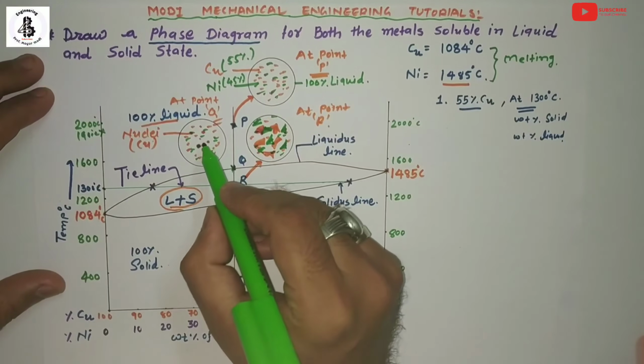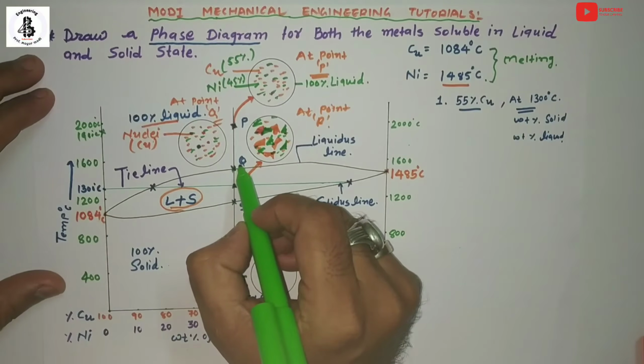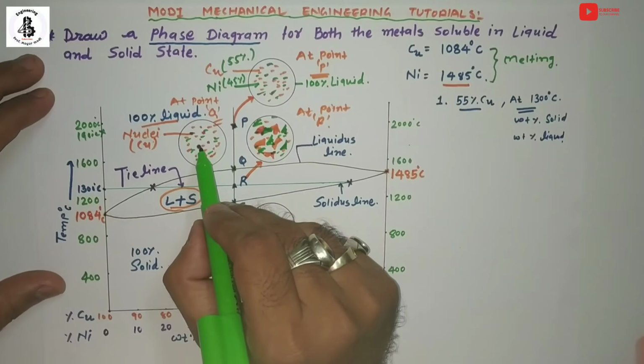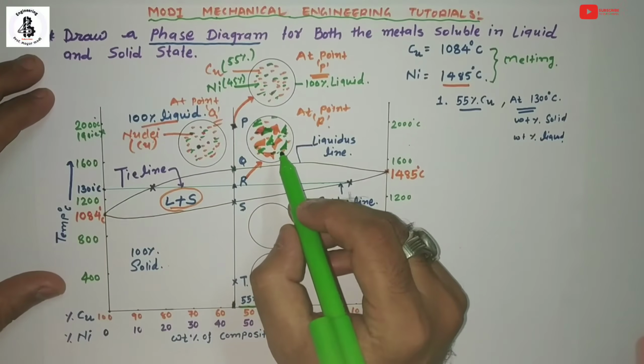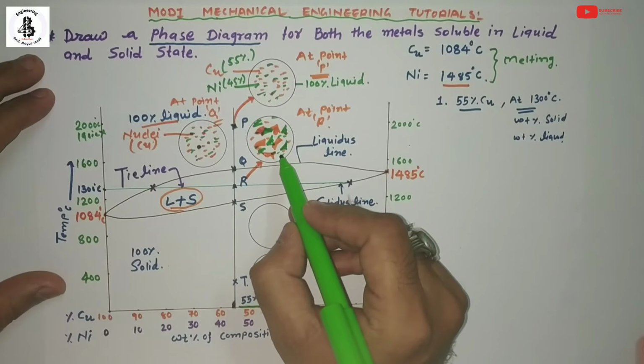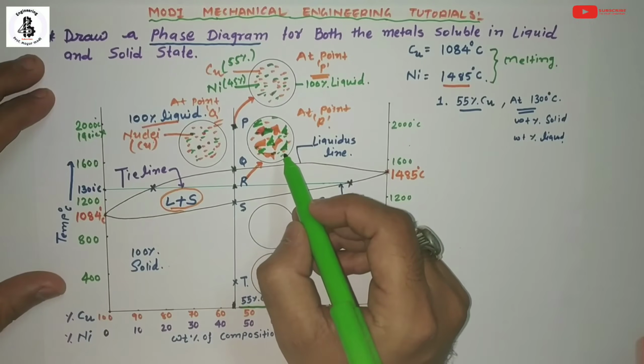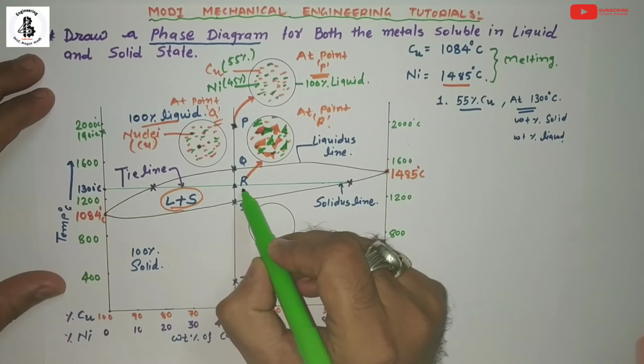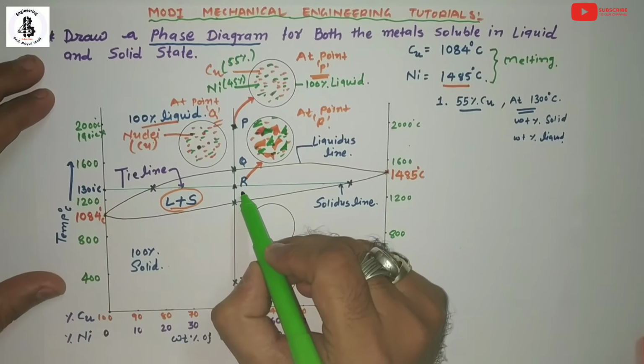So nuclei formed at point Q, and these nuclei have growth, the nucleation growth, or you can say growth of nuclei towards the solidification process. At point R, almost 40 to 50% will be converted into solid.